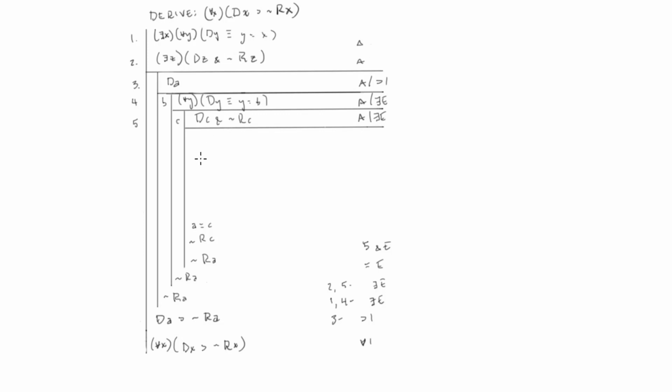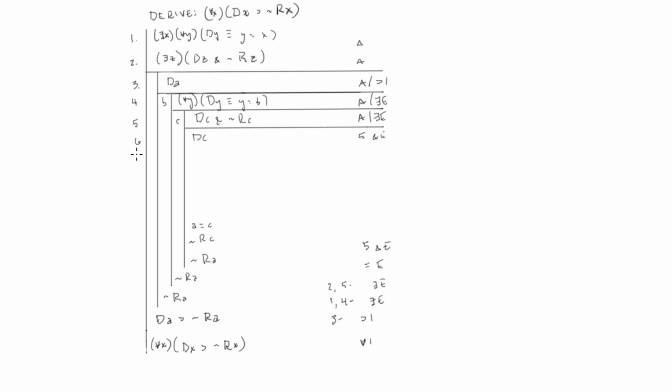If you want to, this would be a good time to hit pause and see if you can work out this identity. But I'm going to go ahead and make the first couple of moves. So the first thing I'm going to do on line 6 is break off DC from line 5, conjunction elimination.